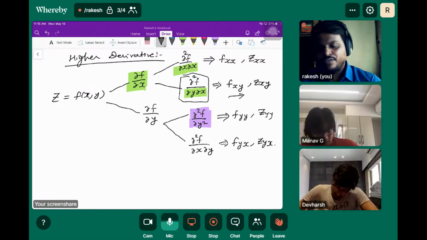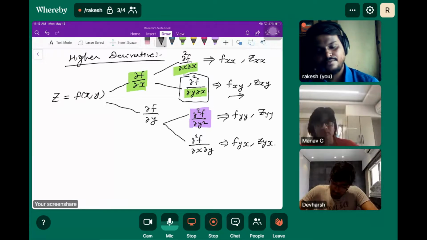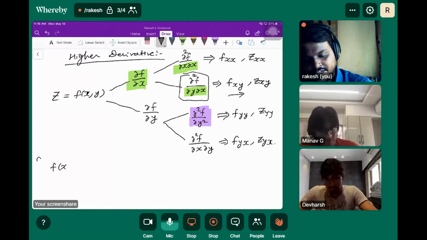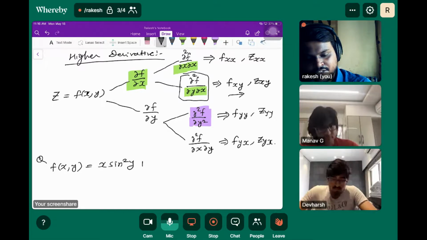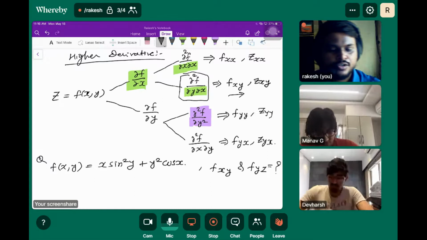Now I'm giving you one function. First of all, write the function: f of x comma y equals x sine square y plus y square cos x. You have to find out f of xy and f of yx.